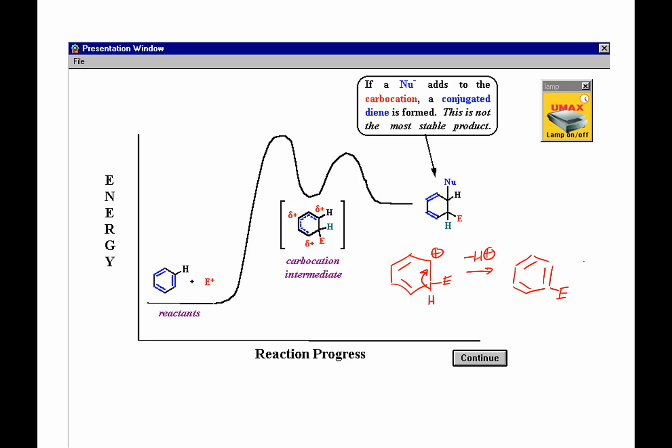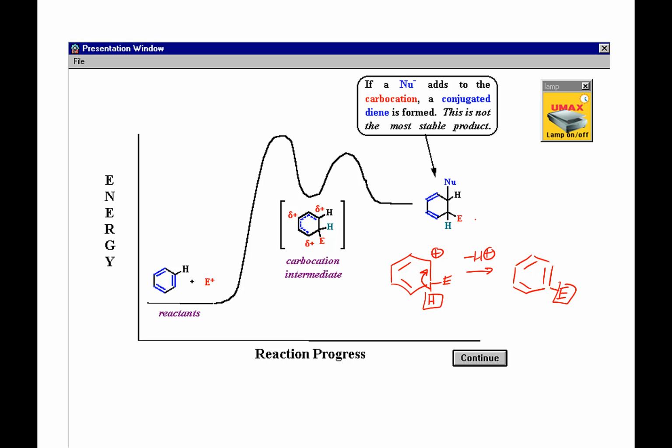So that in the end, we're going to end up substituting the electrophile for the hydrogen that was on the benzene ring. Okay. So that's electrophilic aromatic substitution versus electrophilic aromatic addition, where we would add a nucleophile then to the carbocation. So at the benzene ring, we're going to do substitution.